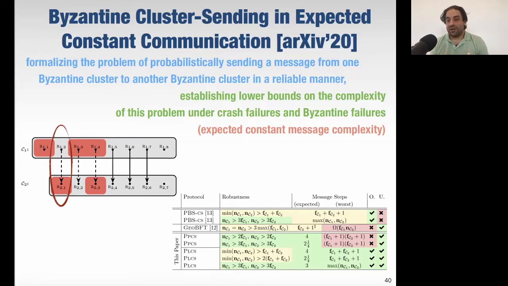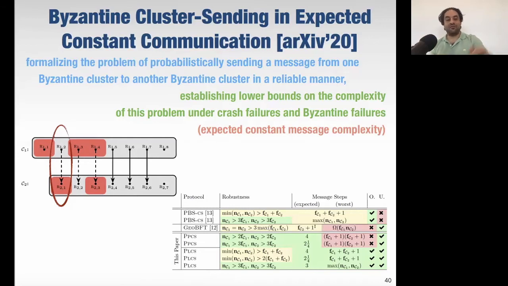And we actually had to devise a new mathematical toolkit in order to do this analysis. And the result is very powerful. It says that on the average case, at most 4 steps are required in order to do the reliable communication.